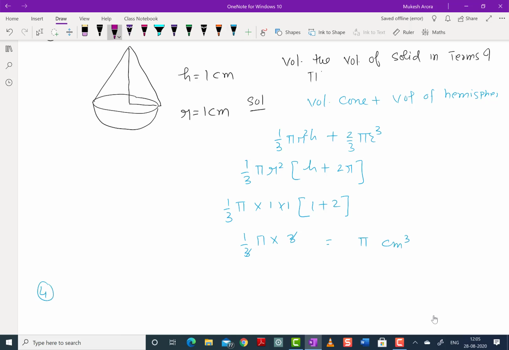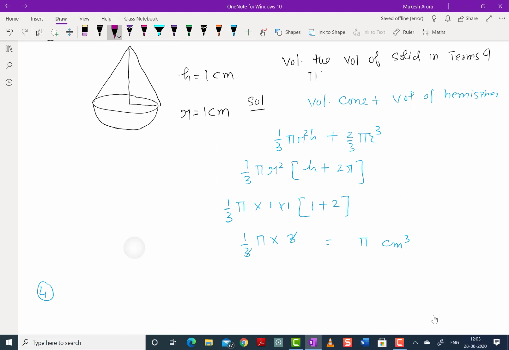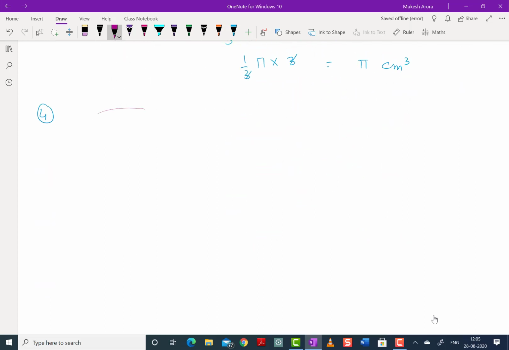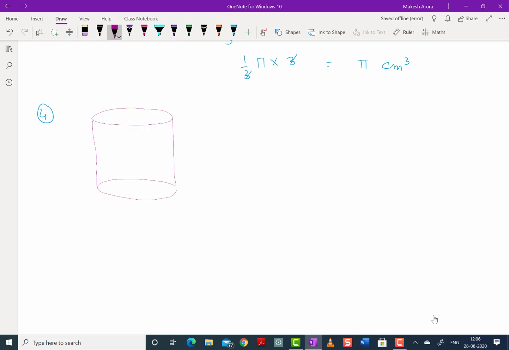Question number 4 is, from a cylinder of diameter 10 centimeter, radius 5 centimeter, height 12 centimeter, a conical cavity of same height is cut out.